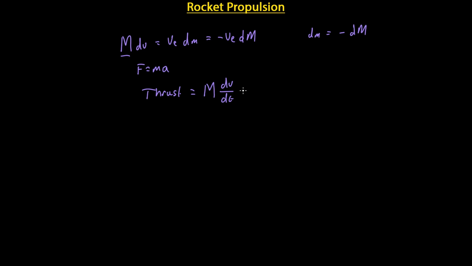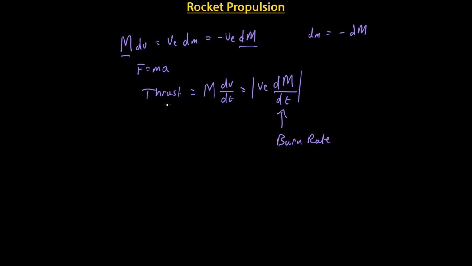And what we're doing here is dividing both sides of the equation by delta t, and we've got the absolute value of the exhaust velocity multiplied by delta m over delta t, and this is the burn rate. So it's the rate of change of the mass of the rocket.